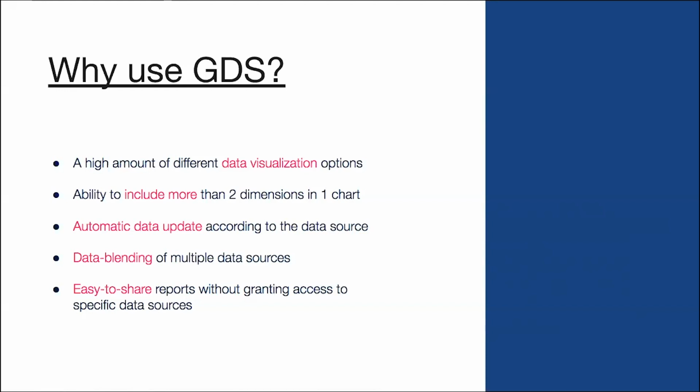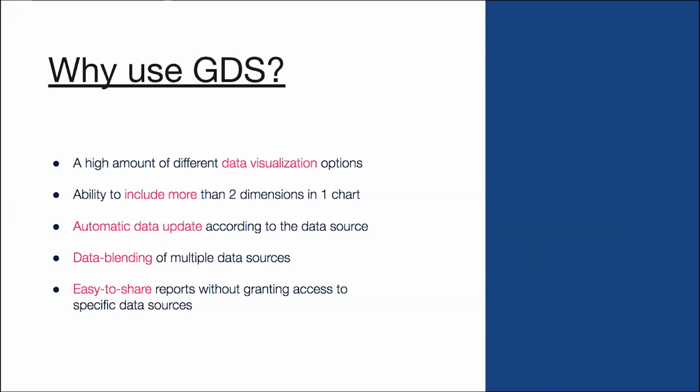Another advantage is the automatic data update, which, however, depends on the data source. Then it's great that it offers data blending functionality, which allows you to combine multiple data sources. One example could be data from Facebook Ads and Google Ads in the same table.